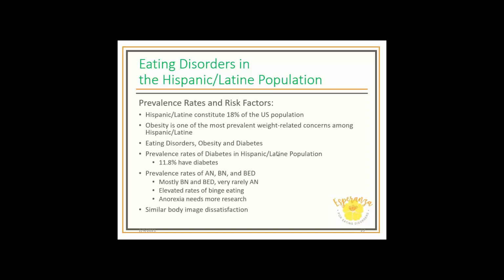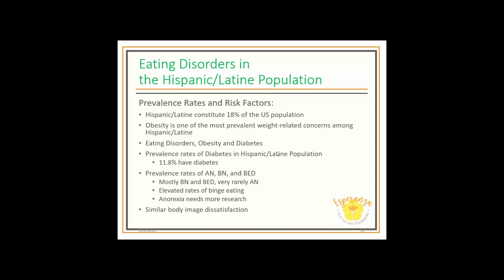Now, obesity is one of the most prevalent weight-related concerns among this population because of the binge eating or the overeating, which also is influenced by the food insecure population or some other stressors, which I'm going to talk about in just a moment. We do know that eating disorders, obesity, and diabetes also are linked to each other.